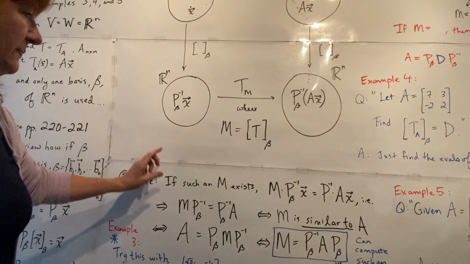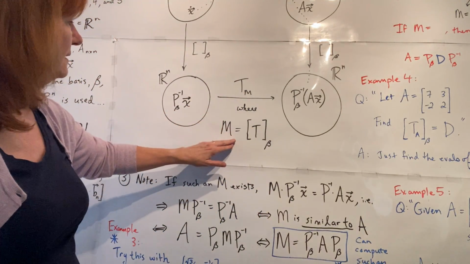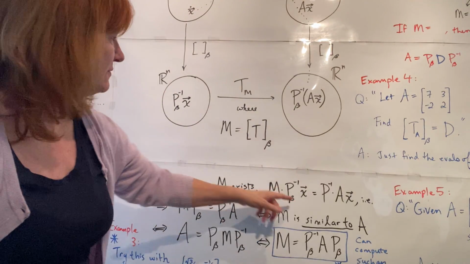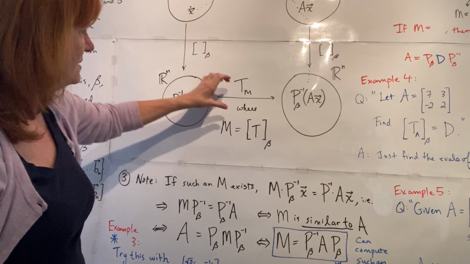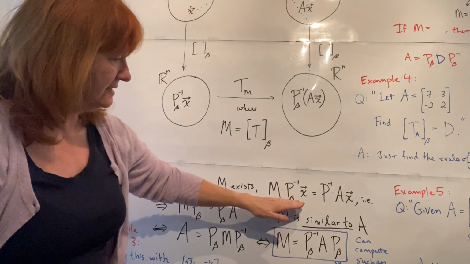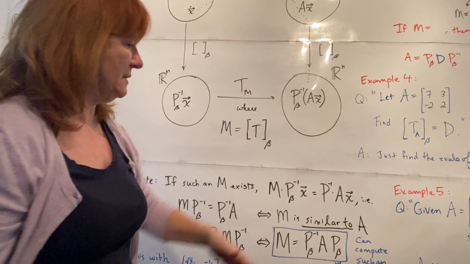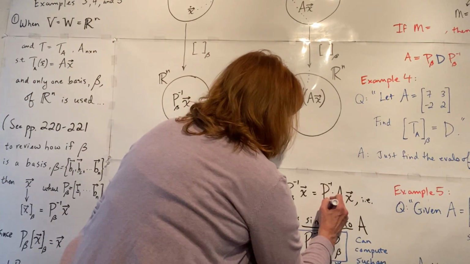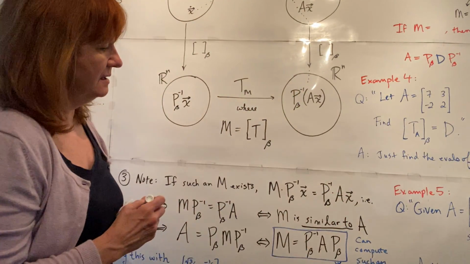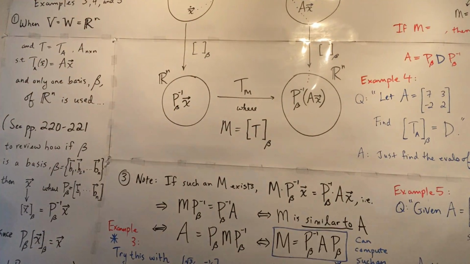some matrix M so that M following P inverse of beta, in other words, multiplying by M on the left of this brings it over here. That should be equal to this, which is what we got by taking P sub beta inverse and multiplying it by A sub x, multiplying it on the left by P sub beta inverse.